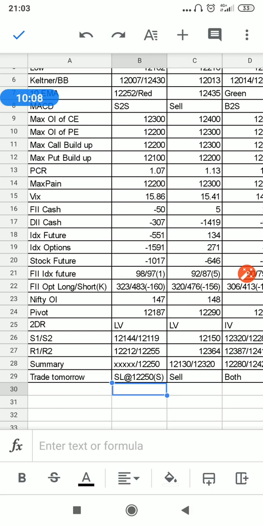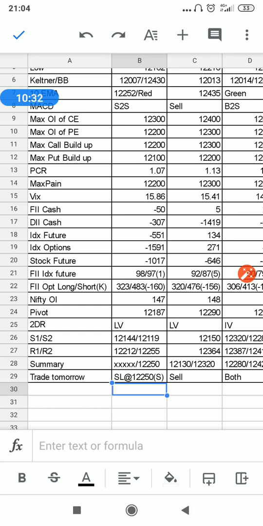So as I always say, just because the market goes to one level, we should not take any decision. What I am telling is that 12,130 could be a support, but once it goes there, we should not buy immediately. First, the market should show some kind of support. It should stop falling, and on top of that, it should show some kind of reversal from there. In that case only we are going to buy at 12,130.